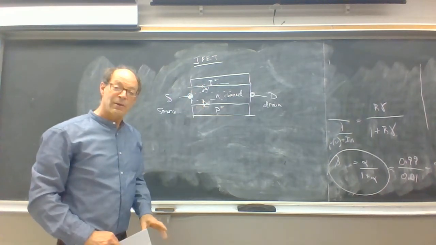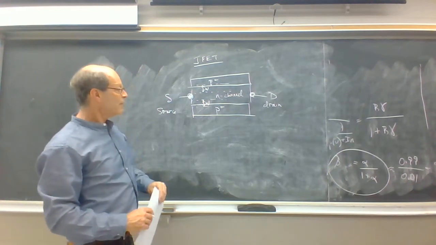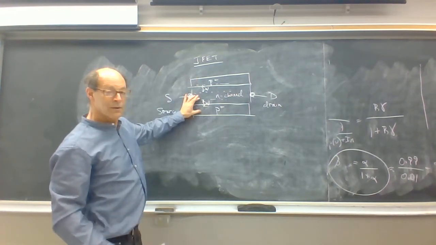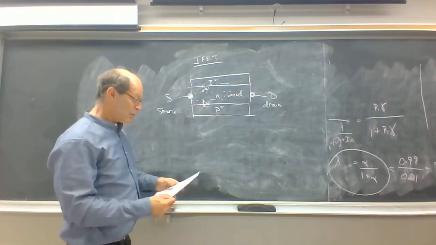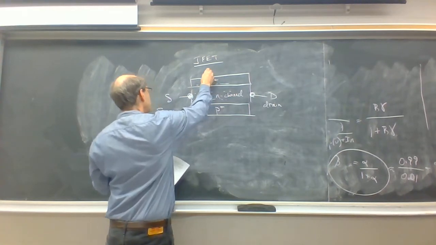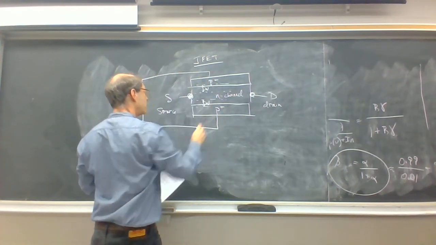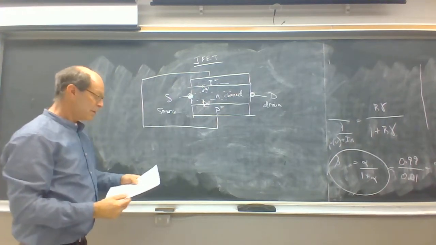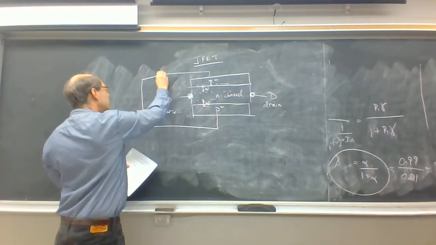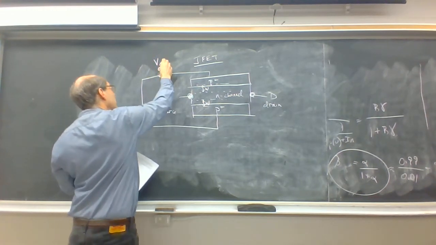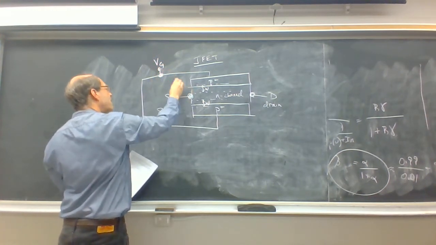And the way you would vary the width of the depletion regions is by varying the voltage across this PN junction and this PN junction. So we would normally connect this P region over to this P region so that they are connected to the same voltage, and we would call that voltage V sub G, and G stands for gate.